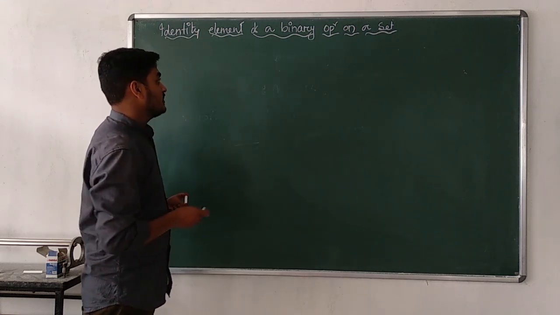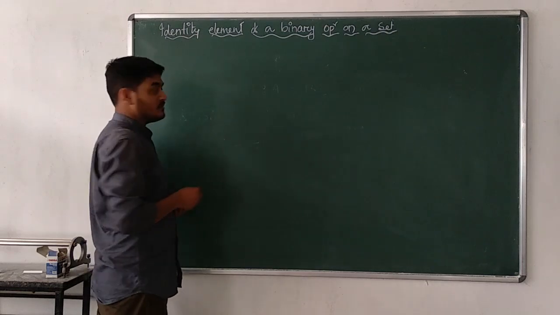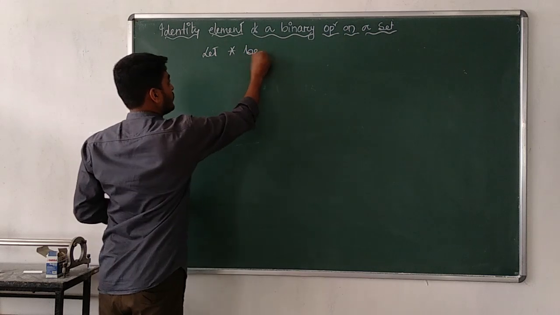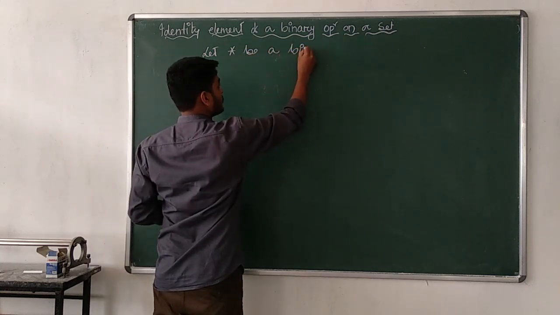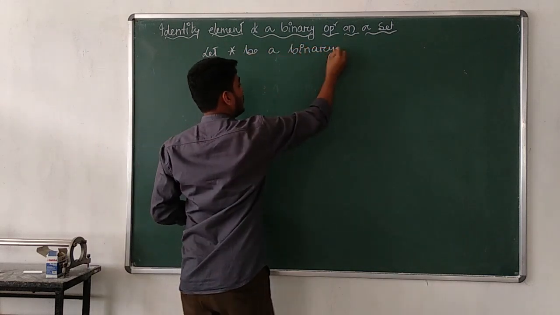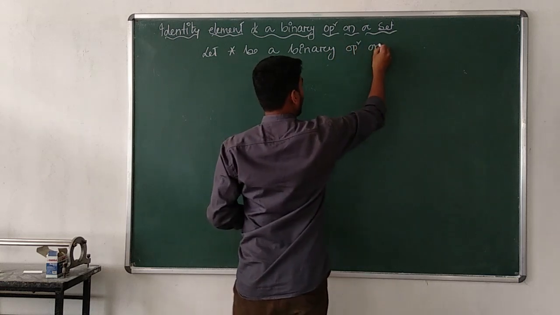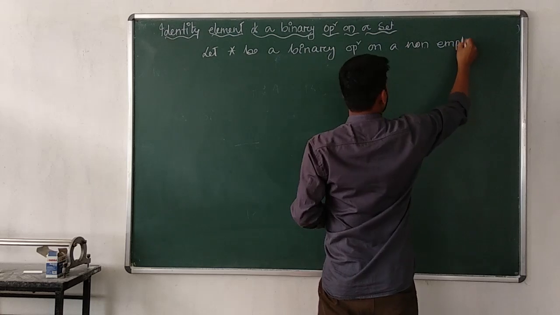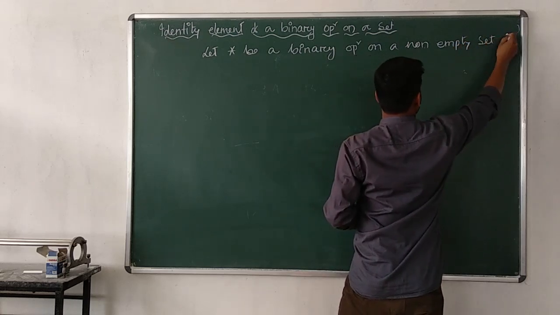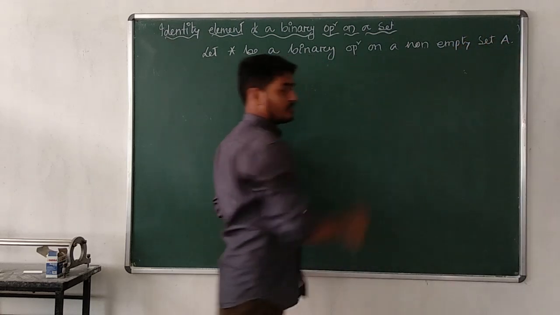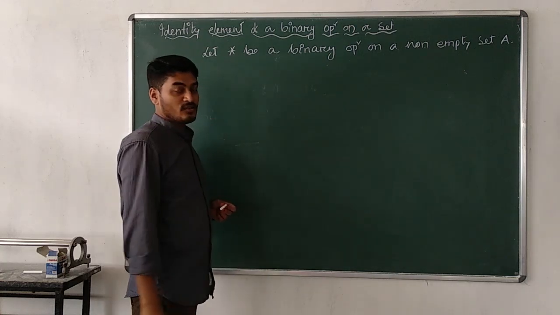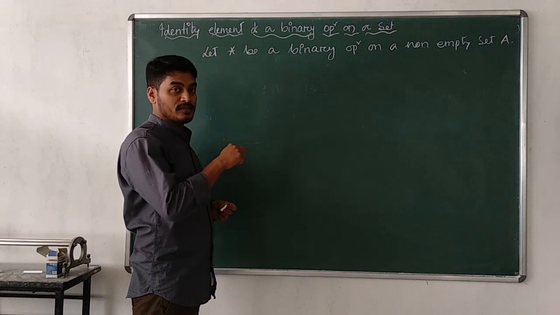So let us first write down a definition. Let star be a binary operation on a non-empty set A. The binary operation is defined on a non-empty set A. A is the set where the binary operation is defined.